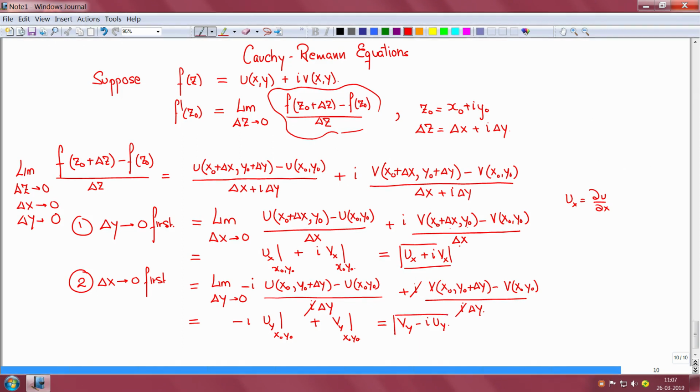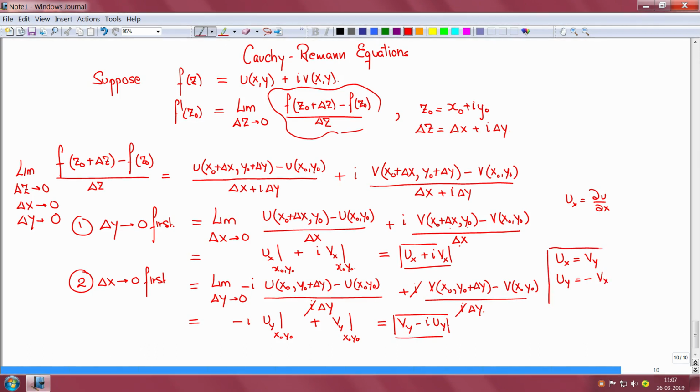Okay. So, this is the derivative when we send delta y to 0 first. This is the derivative when we send delta x to 0 first. Now, the real to real, imaginary to imaginary must be equal in order for the derivative to be unique, and you can see now u x must be equal to v y. Those are the real parts, and then u y must be equal to minus v x.